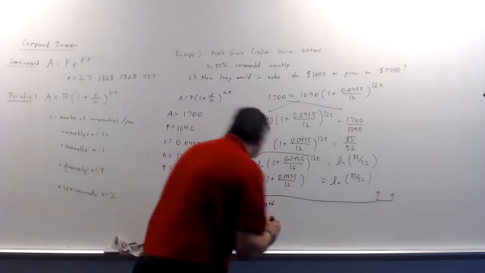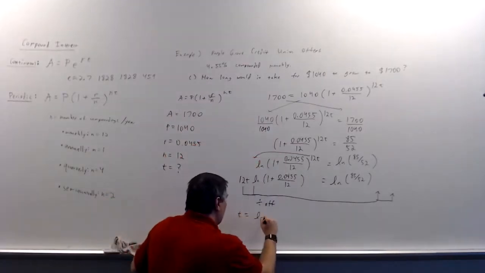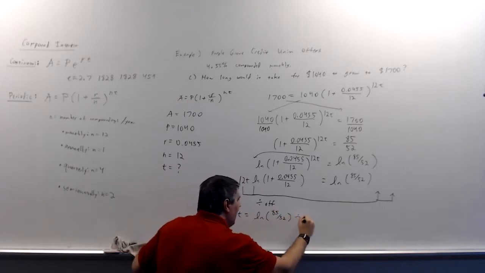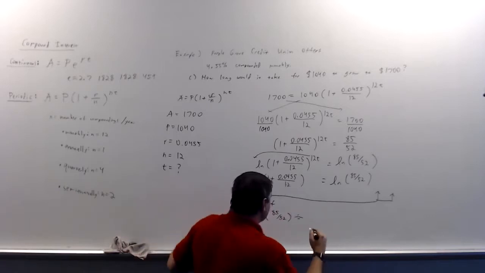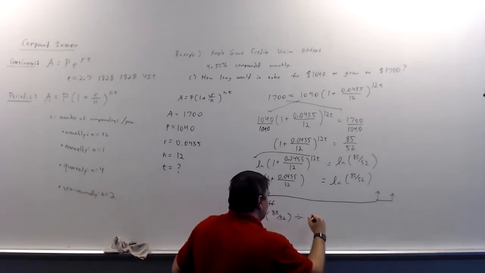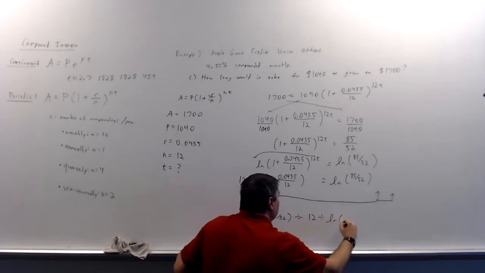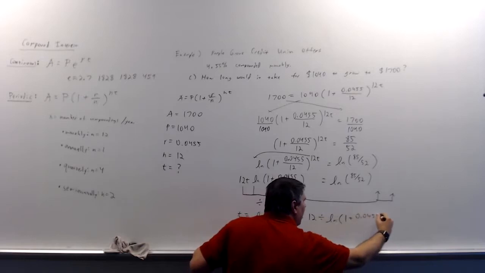Okay, so I have t equals the natural log of 85/52 divided by natural log of 1 plus 0.0455 over 12.